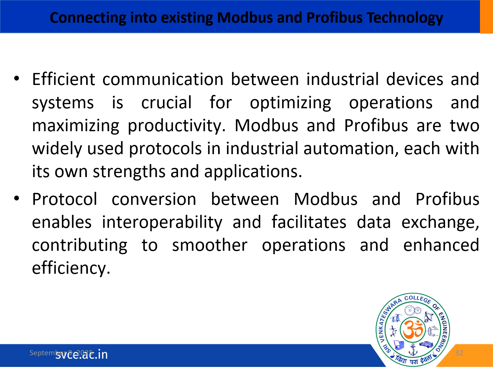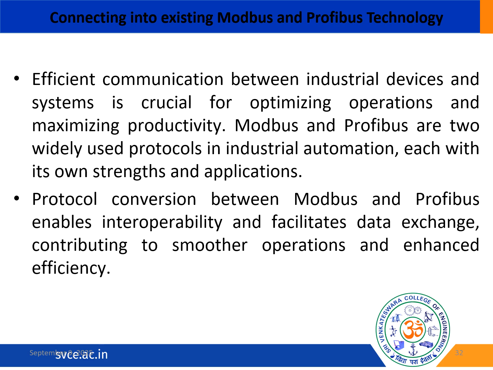Next we have connecting to existing Modbus and Profibus technology. Here we have efficient communication between industrial devices and systems. This is mainly done by optimizing operations, and it has improved productivity.